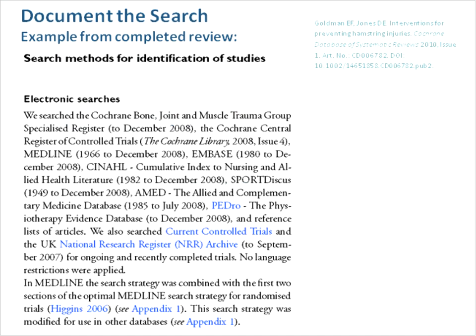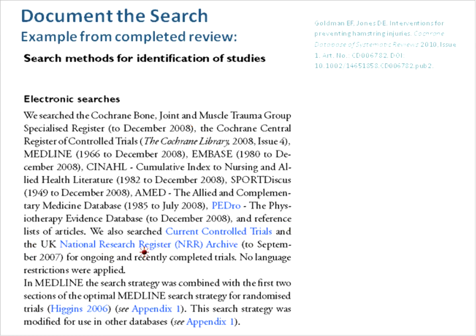So if I was to take a look at some examples, this is one that I pulled from a review on interventions for preventing hamstring injuries. So they indicated where they were searching, so the different databases. They provided the timeline, so the date up until which they searched. So you have a timestamp on the data that's included in the review.